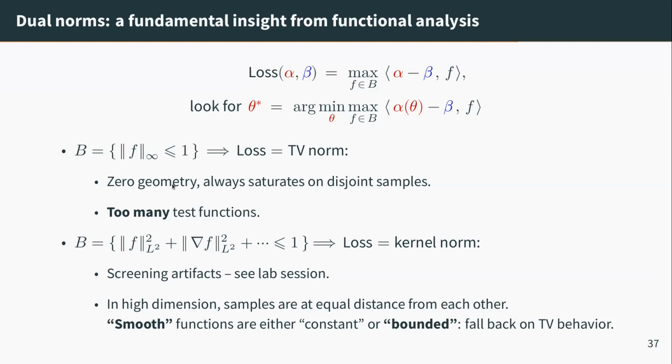And so you have zero geometry, so we always saturate on disjoint samples. Why? Because if my two distributions, alpha and beta, if their supports do not overlap, then I can define a function f, which is equal to 1 on alpha, minus 1 on beta. And so I'm going to get something which is equal to 2 here by splitting the integral in two terms.